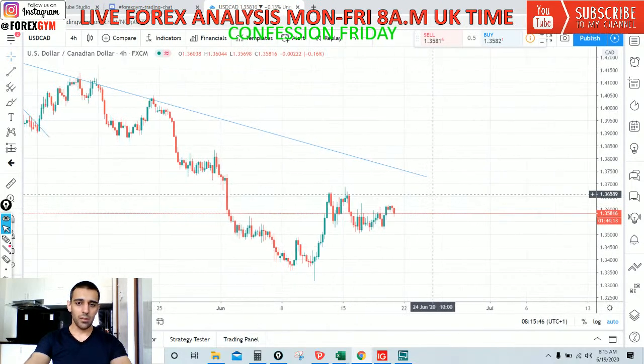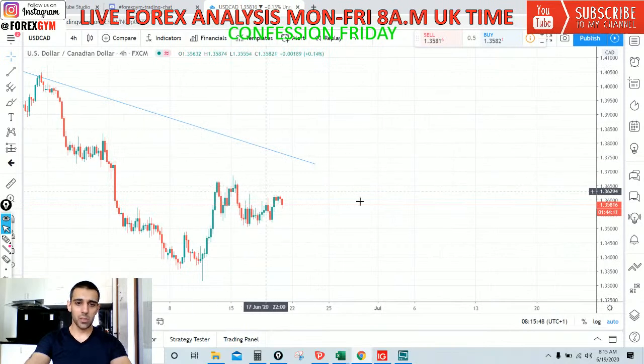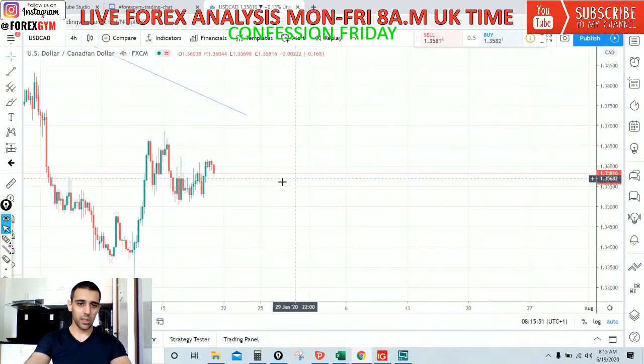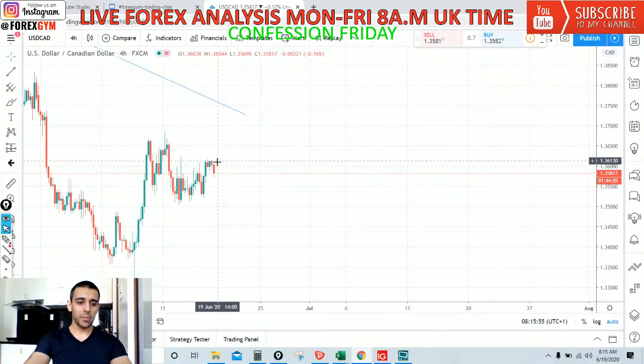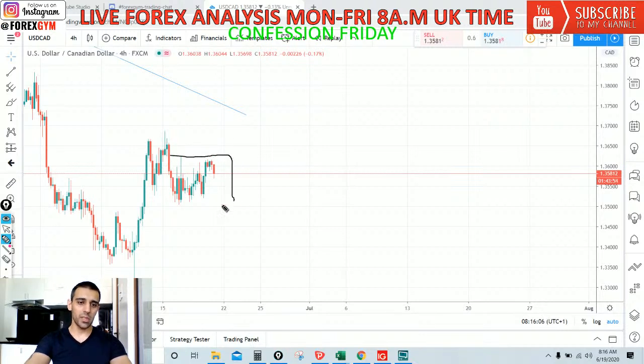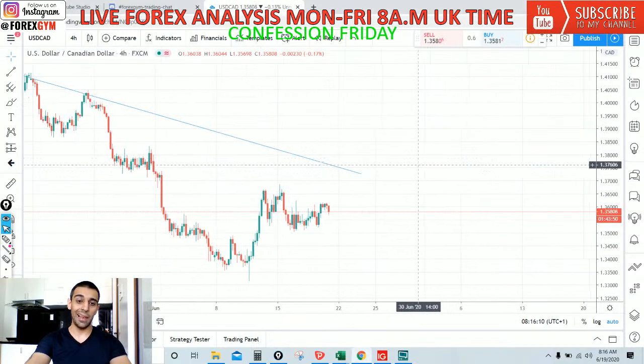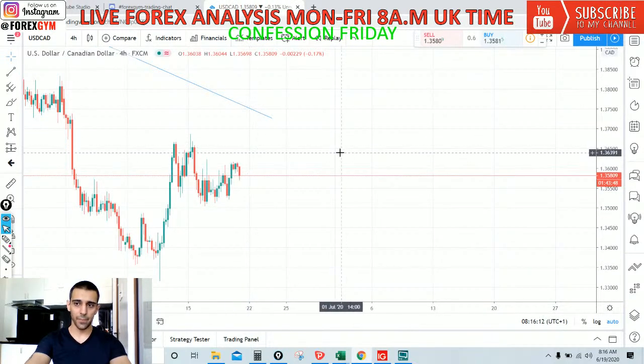Nah, I don't think I would even trade this one today. It's still in the range, and the price might make its way up to this level, and we also have this trend line, and after it gets there, it might gravitate towards it, but it's a long shot. According to the way we're seeing it at the moment, this range doesn't look particularly good, and it's unlikely it will do it today.